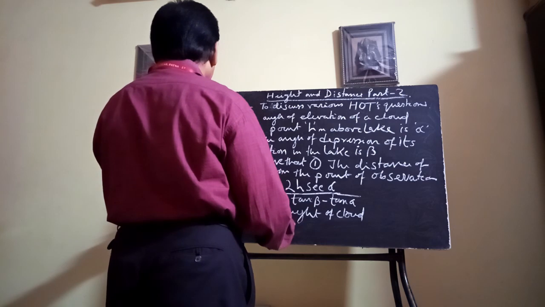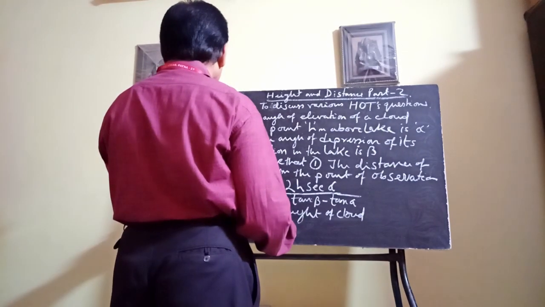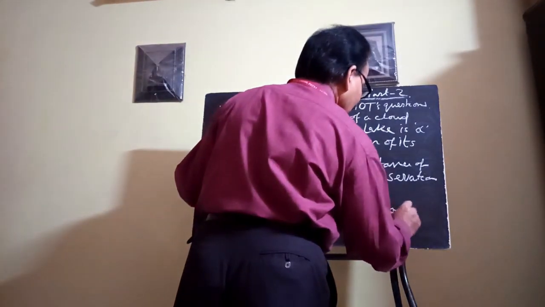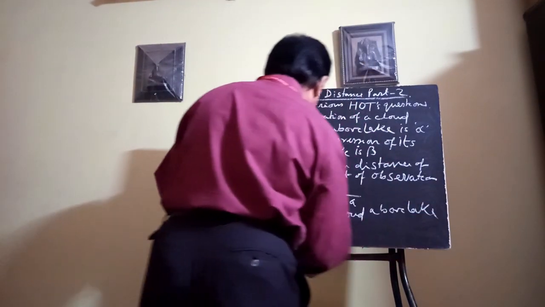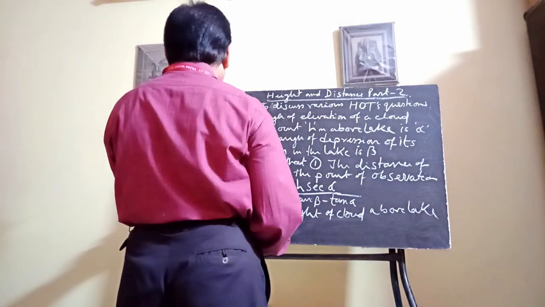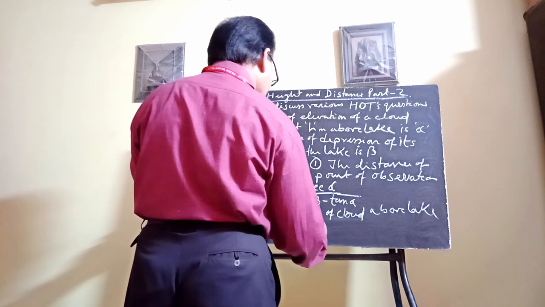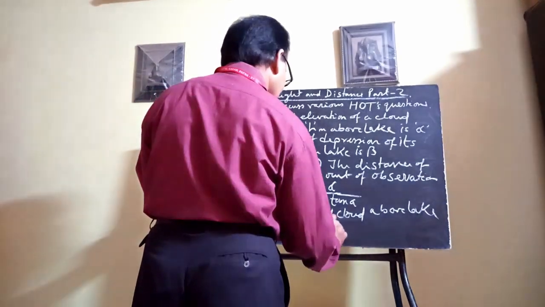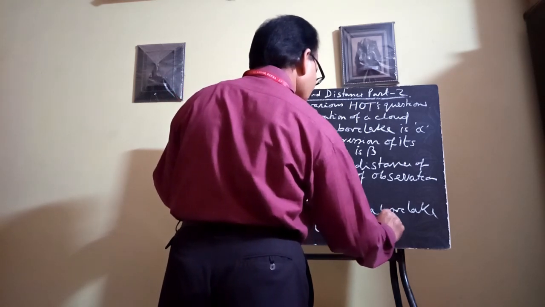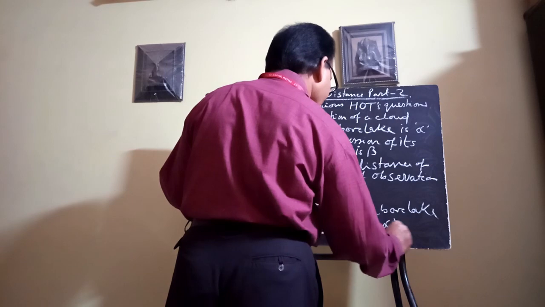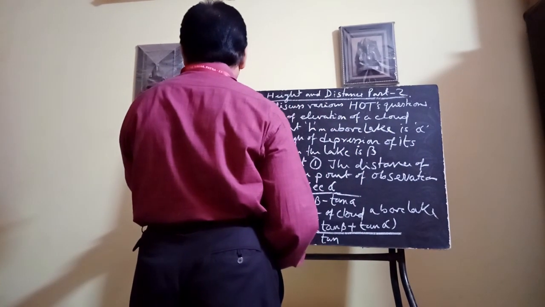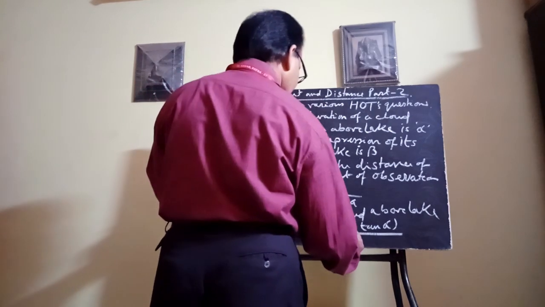You have to prove also that the height of the cloud above the lake is h (tan beta plus tan alpha) divided by (tan beta minus tan alpha).